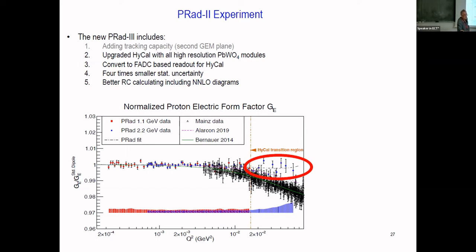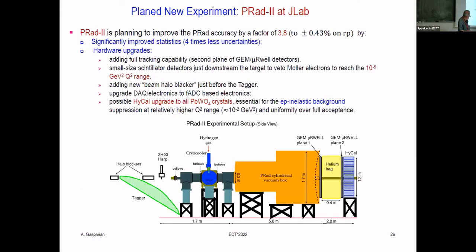And I'm not sure if your background subtraction scheme that you demonstrated captures all of that. So my suspicion or worry was always that you have an additional source of background that is unaccounted for. I agree with that point, yes. Again, in experiment, there are many things which we cannot control much, but for that purpose, we are adding tracking.